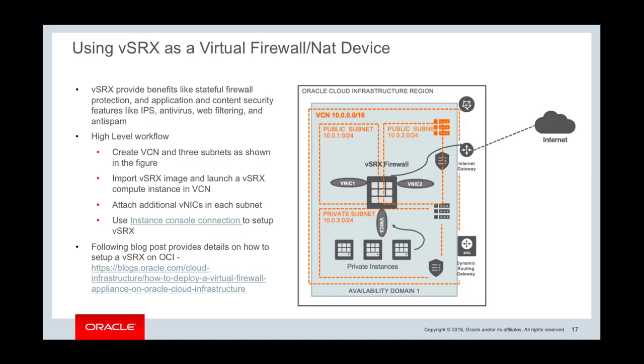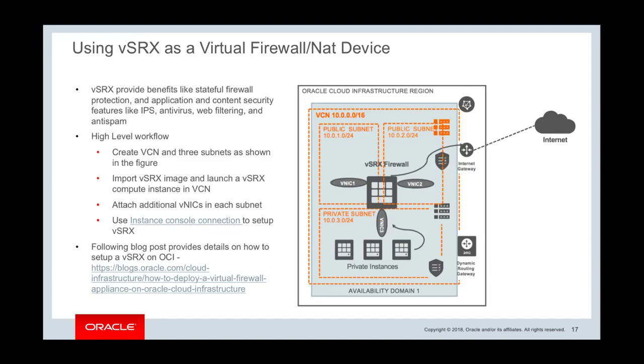The high-level workflow is that in this case, we are using some additional features which allow you to create more than one virtual NIC for an instance, and you can create those virtual NICs in different subnets. We are creating a virtual cloud network with three different subnets. We set up a VSRX image within one subnet, and then create additional virtual NICs in different subnets.